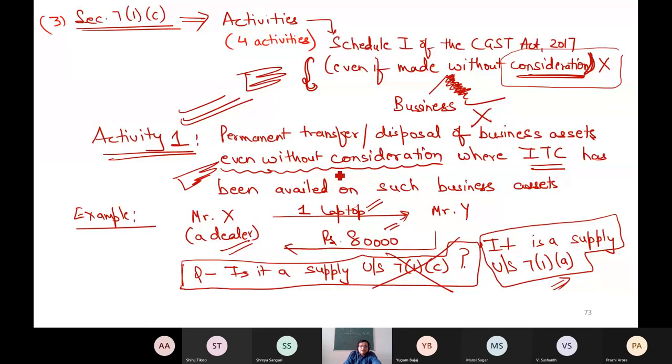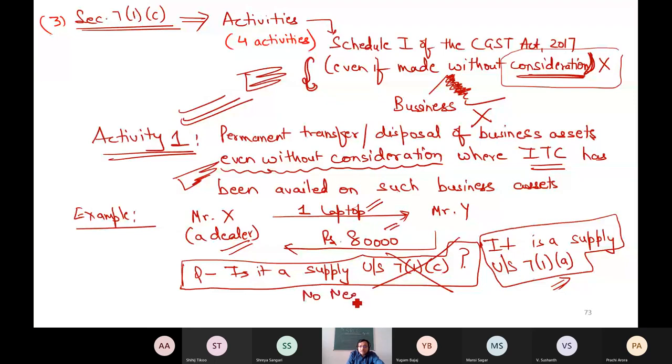Why will I search and ask for 7(1)(c)? Point clear or not? Any doubt? No, sir. No means what? There is no doubt? Yes, sir, no doubt. Okay. So I'm not saying it is not a supply, but why will I check 7(1)(c)?